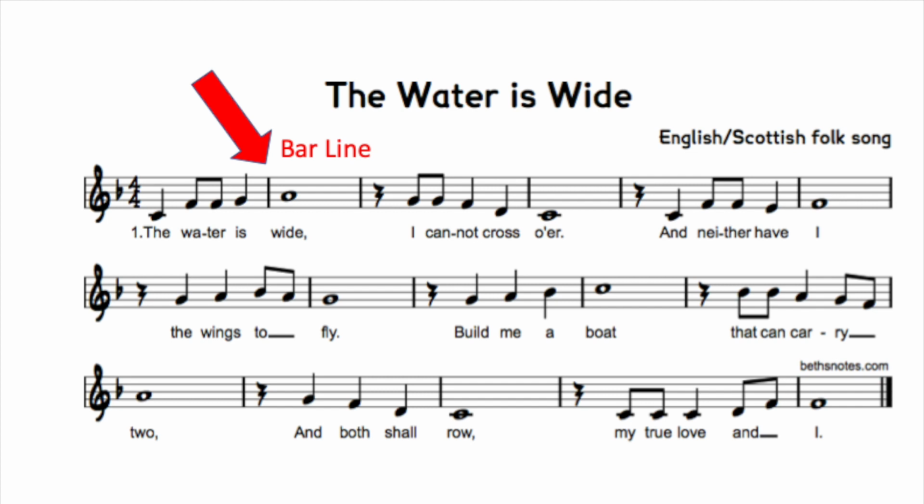The bar lines separate the song into smaller sections. The smaller sections within a song are called measures. Pause the video and count how many measures there are in this song.